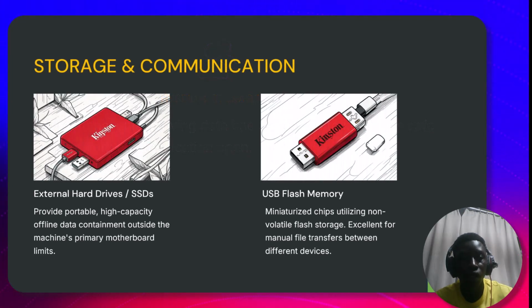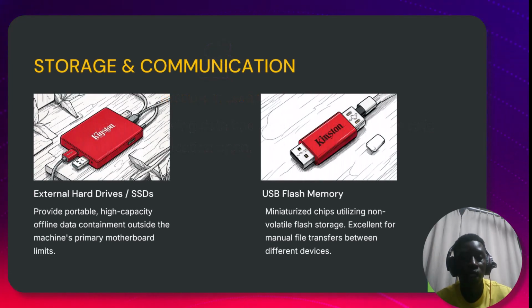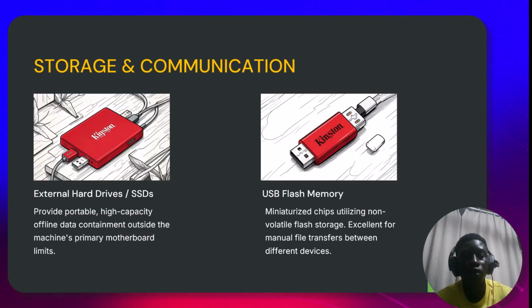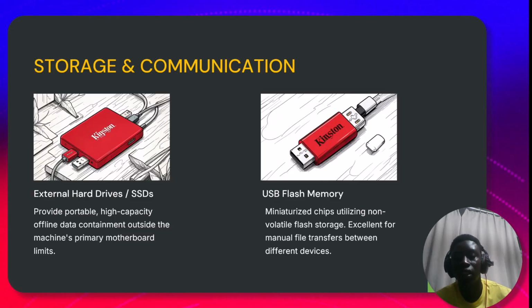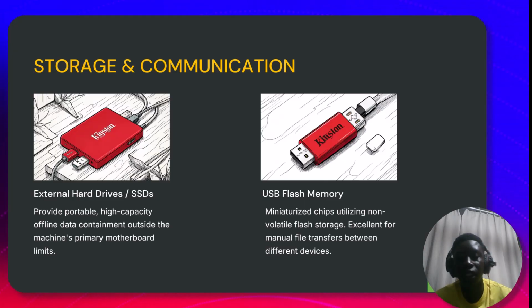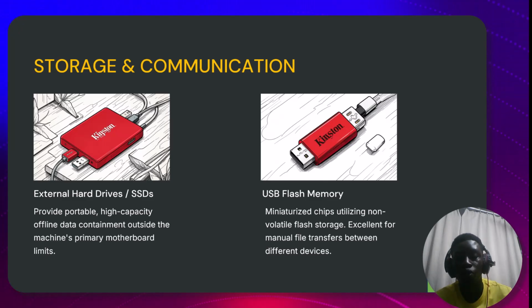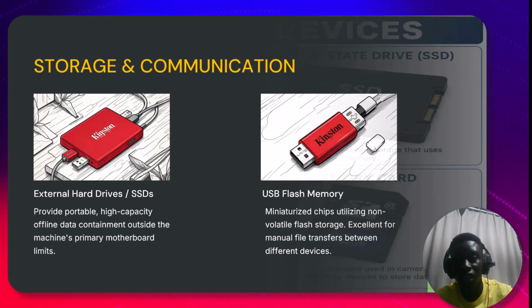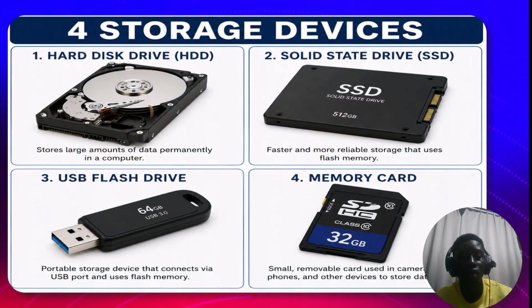Yes, so examples are the external hard drives and the SSDs. We also have the flash memory, the USB flash memory card, which are examples of the storage and the communication devices. So we have them here.